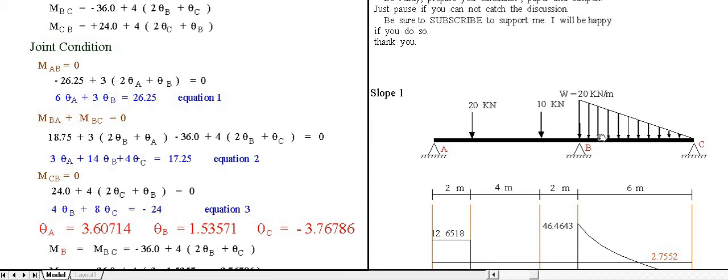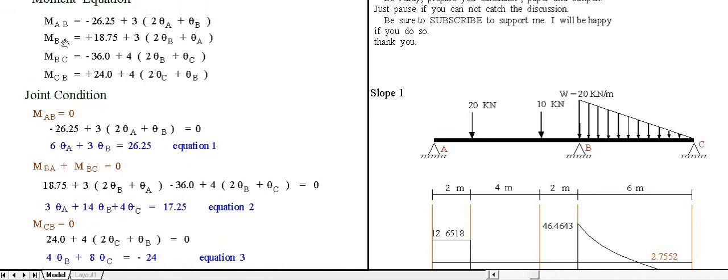The moment on the left and the moment on the right must add to 0. So we add moment BA and moment BC: copy 18.75 plus 3 times 2 theta B plus theta A, minus 36 plus 4 times 2 theta B plus theta C, then equate to 0.